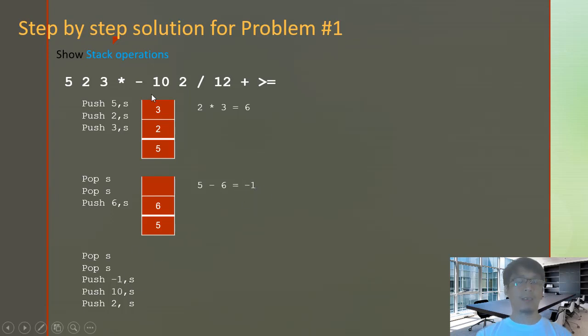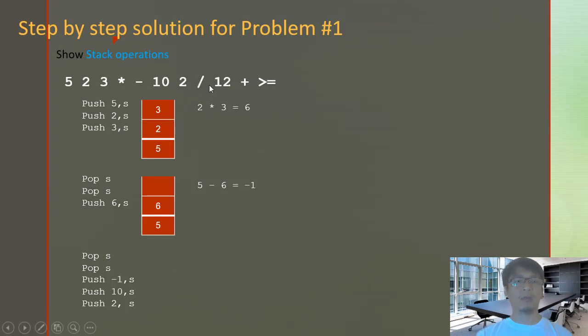Next in our expression, the operands are 10 and 2, so all you have to do is push the operands 10 and 2 to our stack. We normally do this because every time we encounter operands, we push them in our stack.